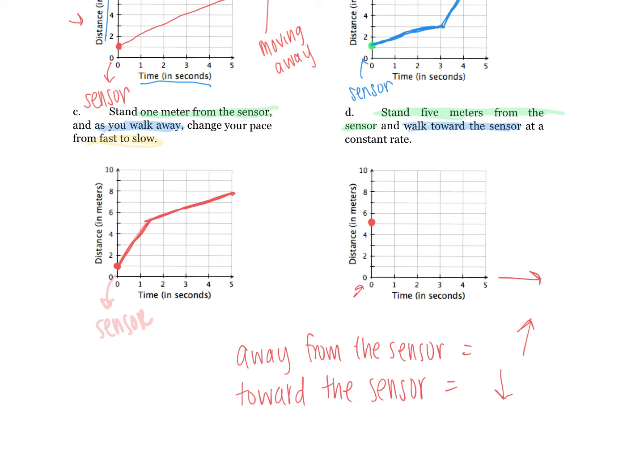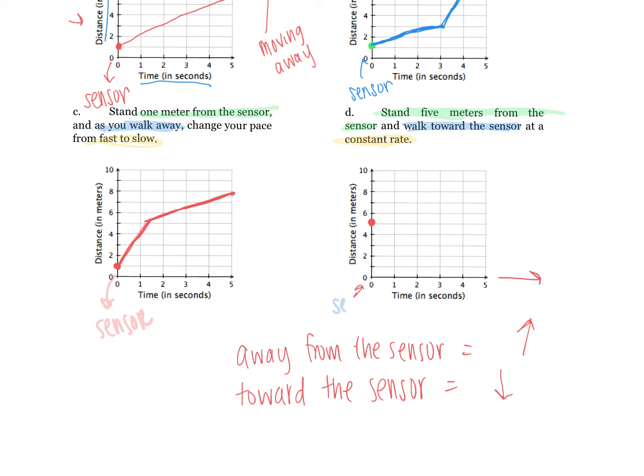And here it says we are just walking at a constant rate, okay? So what this would look like is if I'm just walking at a constant rate, remember, I have to go down. My graph has to go down because I'm walking toward the sensor.